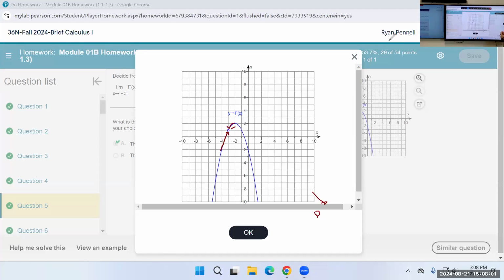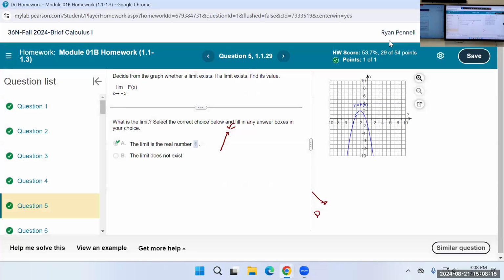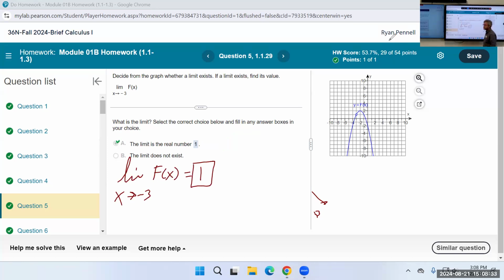So they kind of agree that's where it's going to end up. We see that there's a hole there, but they agree that they're both going that way. So it looks like it's going to +1. So I think the answer would be 1. The function is going to 1. Okay, but I had to look at the graph to find it. So the limit as x approaches -3 of f of x equals 1.